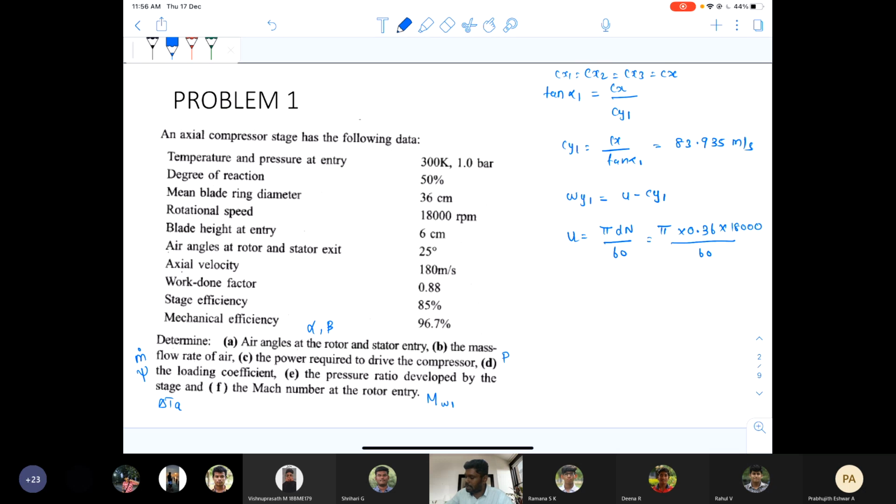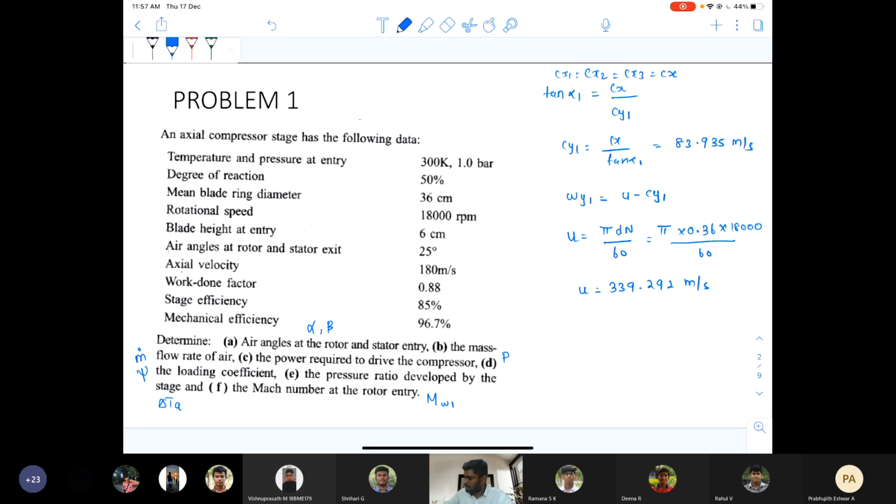From this, on calculation, the value of u will be equal to 339.292 meter per second.